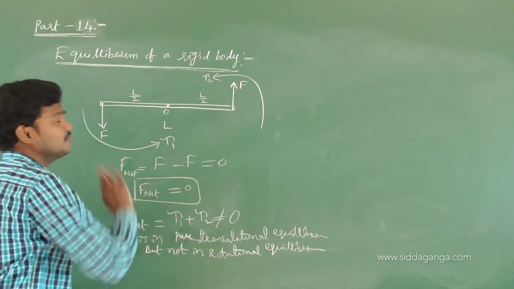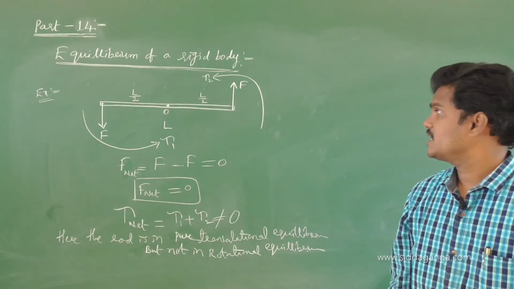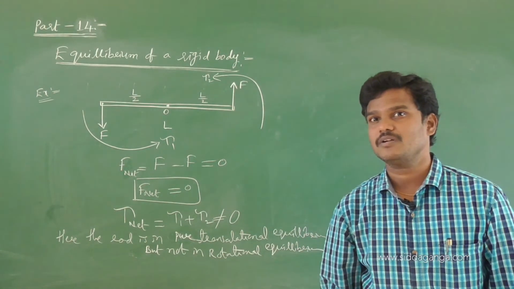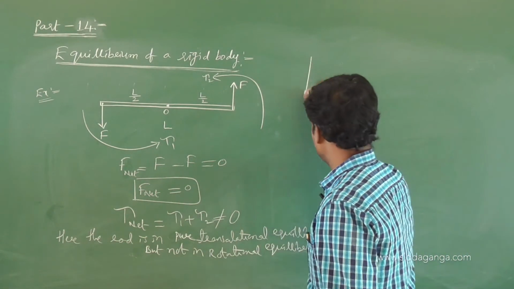So this is the example of a rod which is in pure translational equilibrium but not in rotational equilibrium. Okay, and let me give one more example.